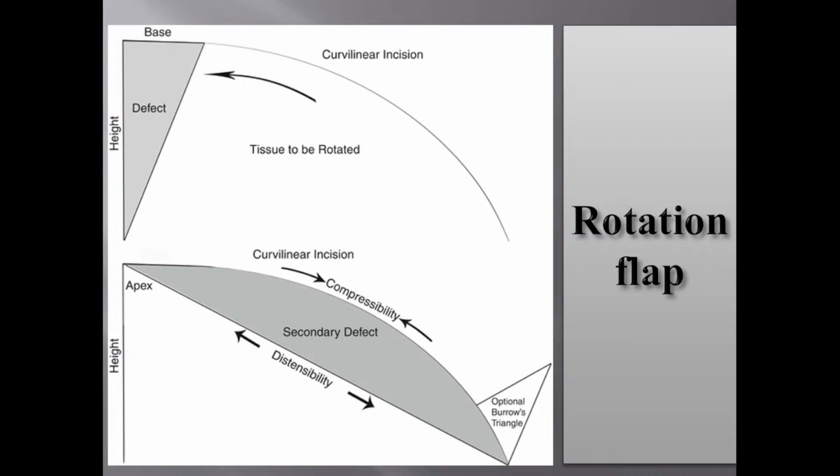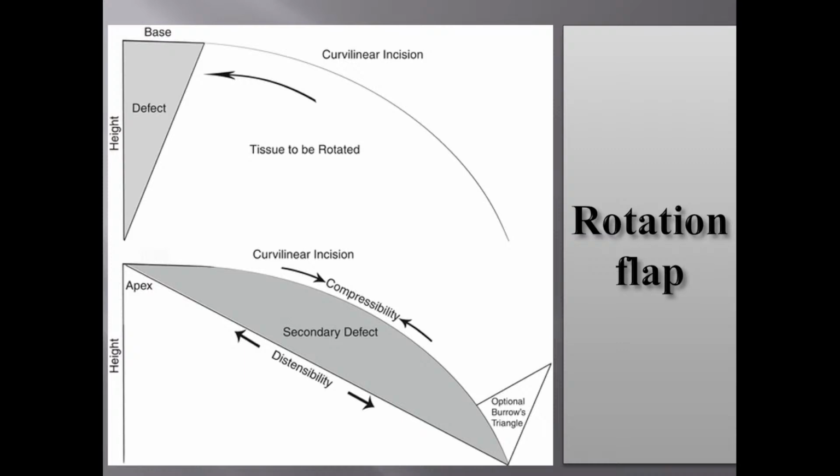Primary defect is the defect after our surgical extraction of, for example, cancer, and secondary defect is the defect or incision which we made in order to form and then rotate this flap in order to close the primary defect. The larger the flap, the longer and narrower is the secondary defect.